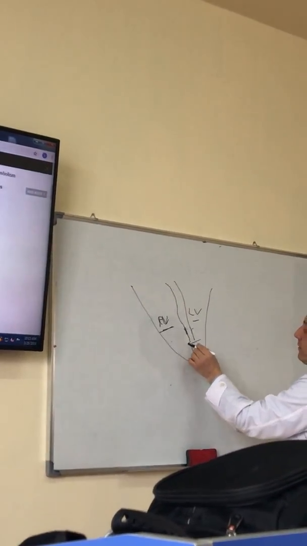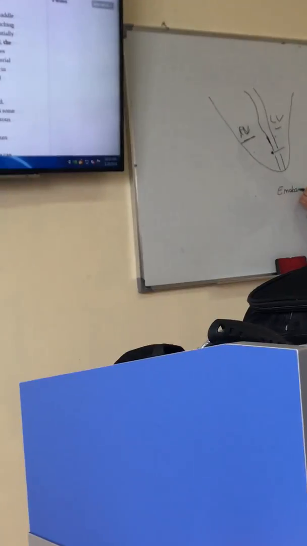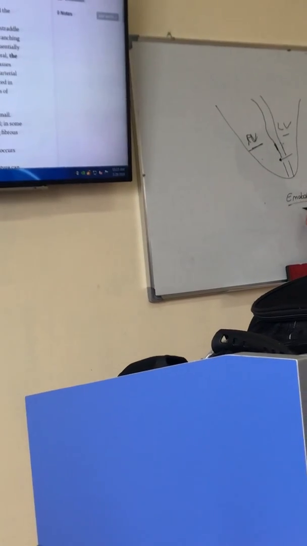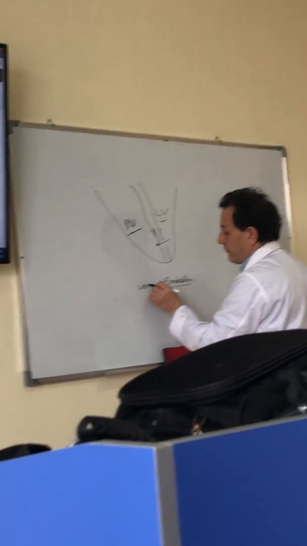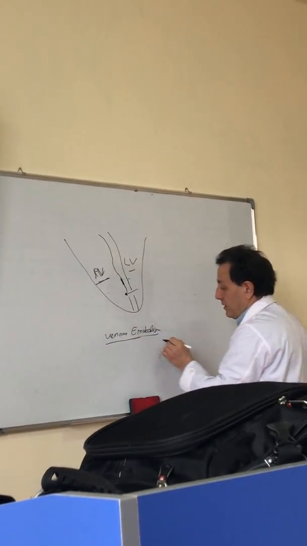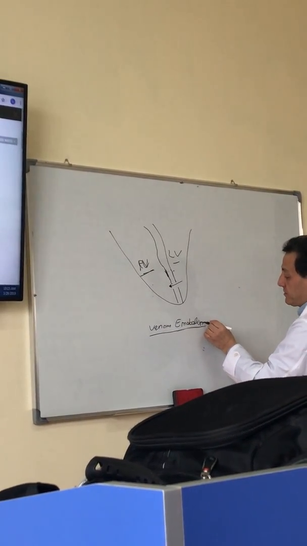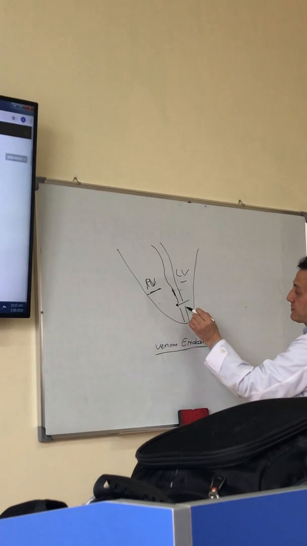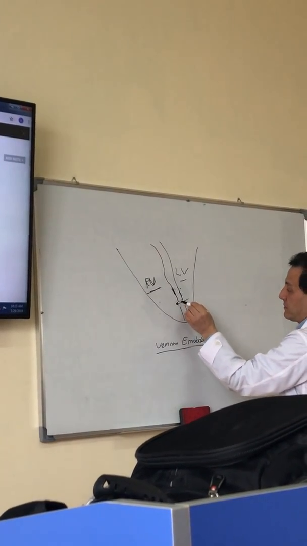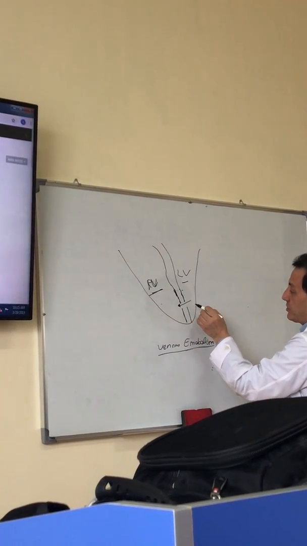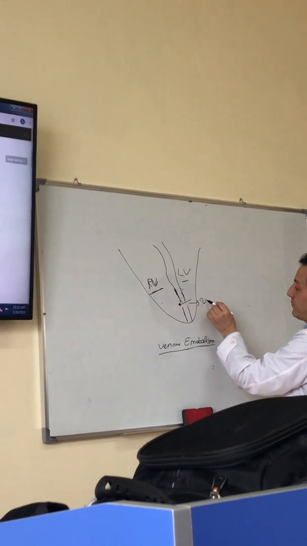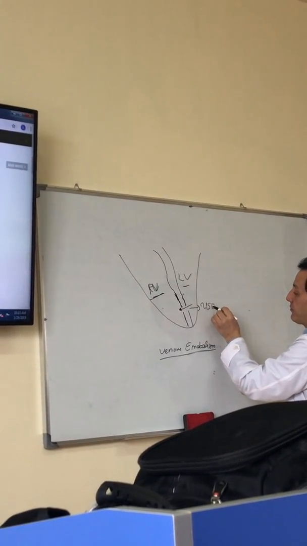So when an embolism is present in a vein, so a venous embolism, through this septum it can go to the arterial system. This septum that is open congenitally is called ventricular septal defect.